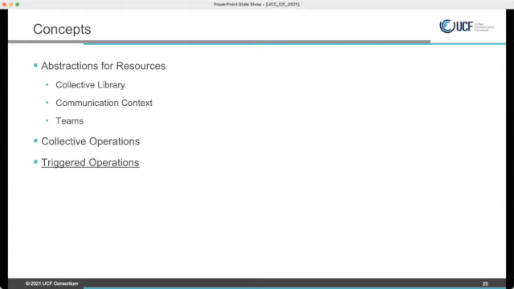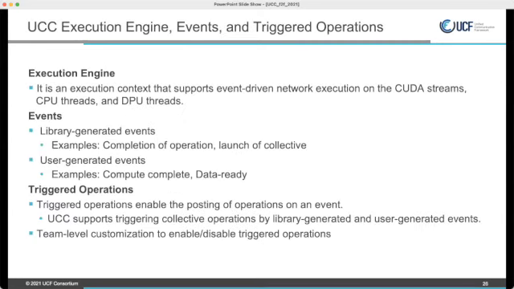So another new abstraction we introduced this year is triggered operations. In a way, I made an assumption that the collectives are executed somewhere, typically a CPU thread. I just made the assumption it's executed there. It's okay to make that assumption when you are always executing the collective on a CPU thread.